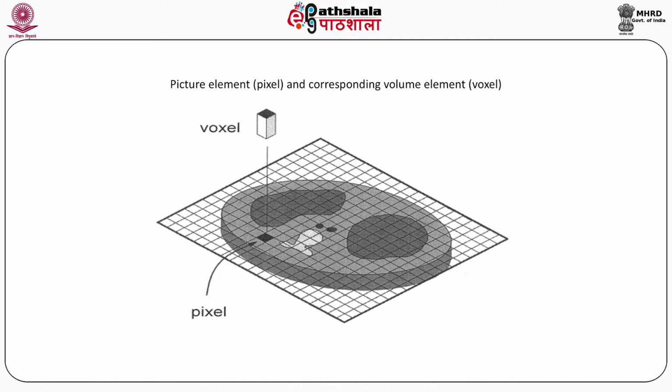As you can see here, the CT number is mu pixel minus mu water upon mu water. So in this case, I will tell you about the basic principles of CT image, describe different image reconstruction techniques, and explain different generations of CT scanners.